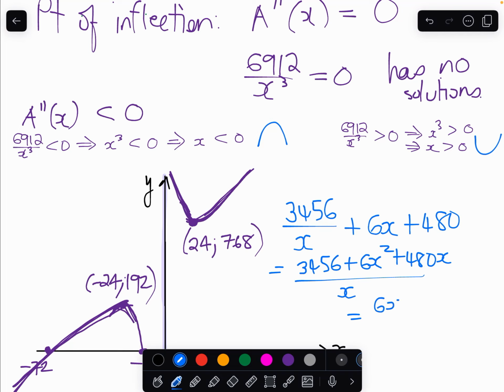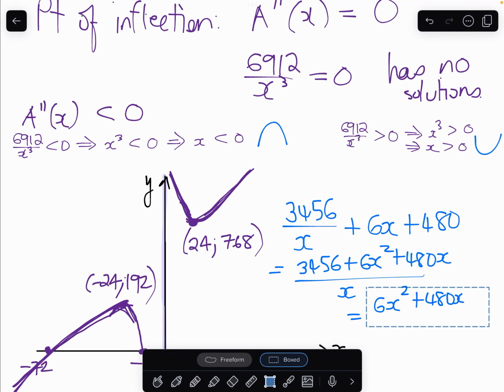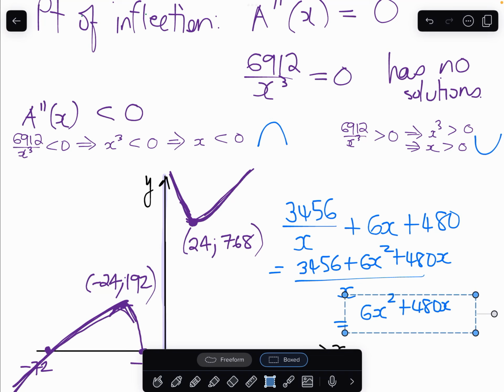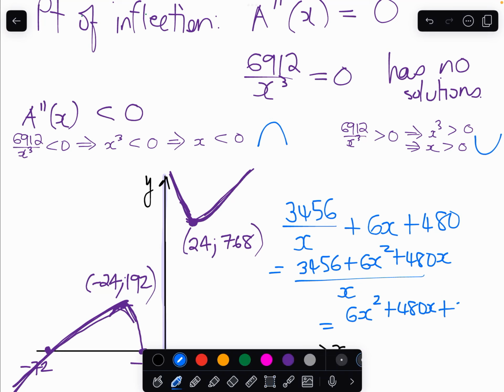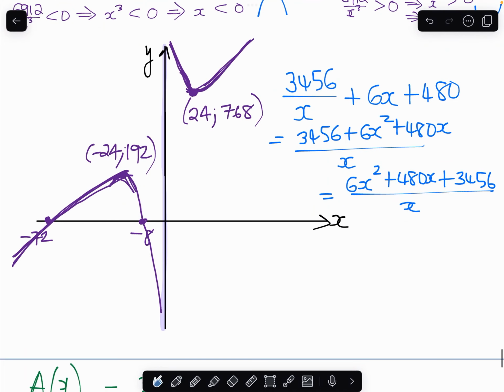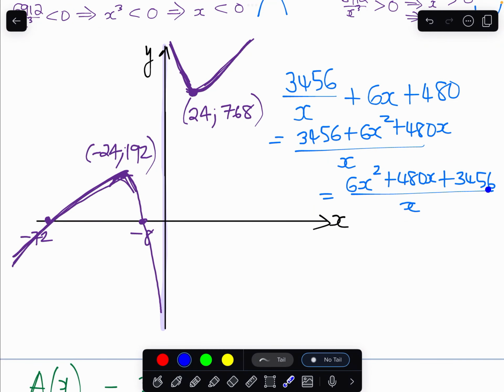And that'll be 6x squared. Okay, so this is freestyling now. This is not something I tried to do in the previous videos, so it might work, it might not work. Right, so I can see that this top part is a parabola.